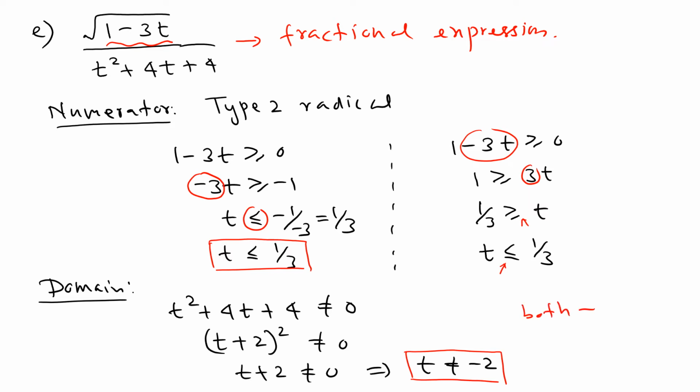In mathematics, we can convert 'both' to 'and'. So let's write the solution now. Thus, t has to be less than or equal to 1/3 and t not equal to negative 2.